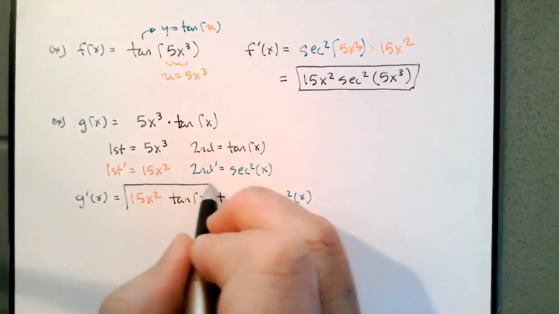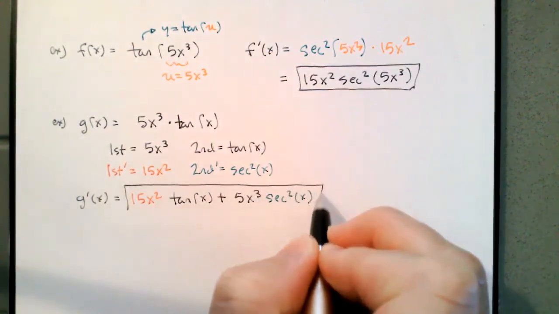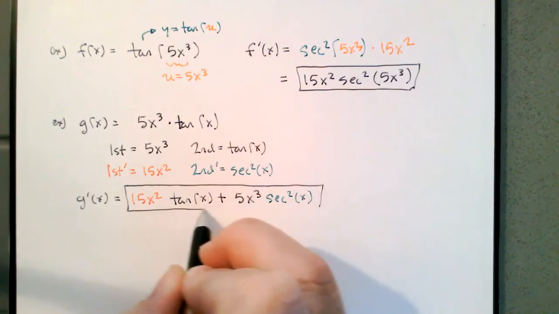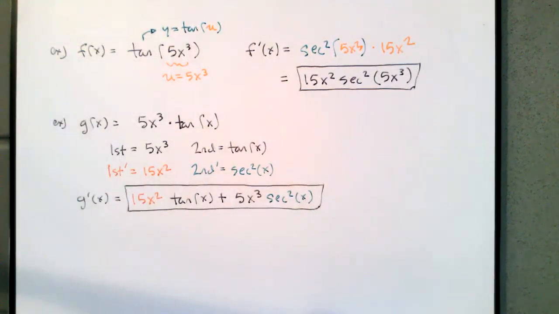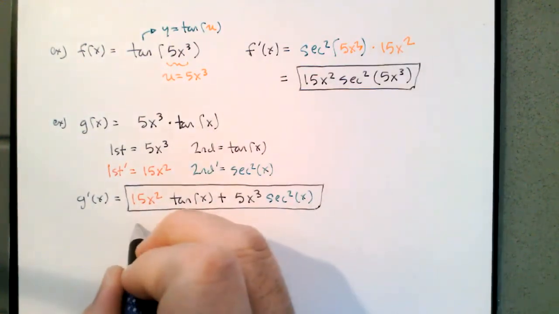There is a 5x squared that we can factor out of this, but we don't really gain much out of doing that. If we had to go on with this function and do some more stuff with it, then maybe that would be useful. It might be useful to rewrite this and factor out the 5 and the x squared.